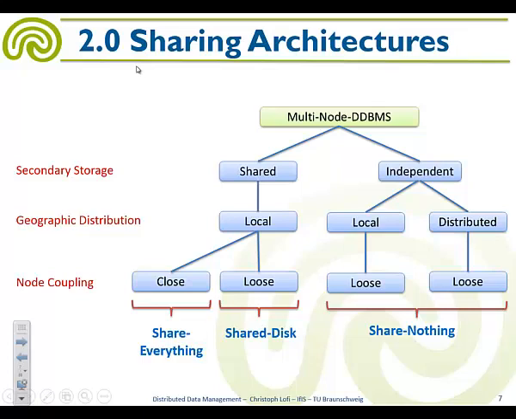Now, the next interesting thing is how closely are the nodes coupled. If you have a close coupling, you call it a share everything system. So that includes shared main memory. And if you don't, then it's a shared disk system. Well, obviously you share the disks, like storage area network.